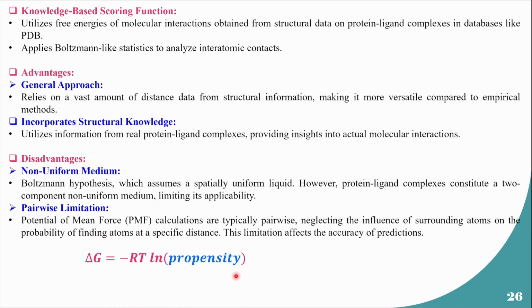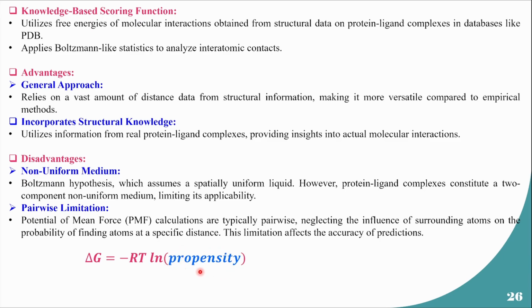So this is one formula example that I was talking about in terms of the Boltzmann energy value formula. So this delta G equals minus RT ln of something, right? In this case, we have ln of propensity. If you wanted to compute the relative energy in the earlier cases, it will be ln of n divided by n0, so the relative fraction of population in different bins compared to the most populated one, right?